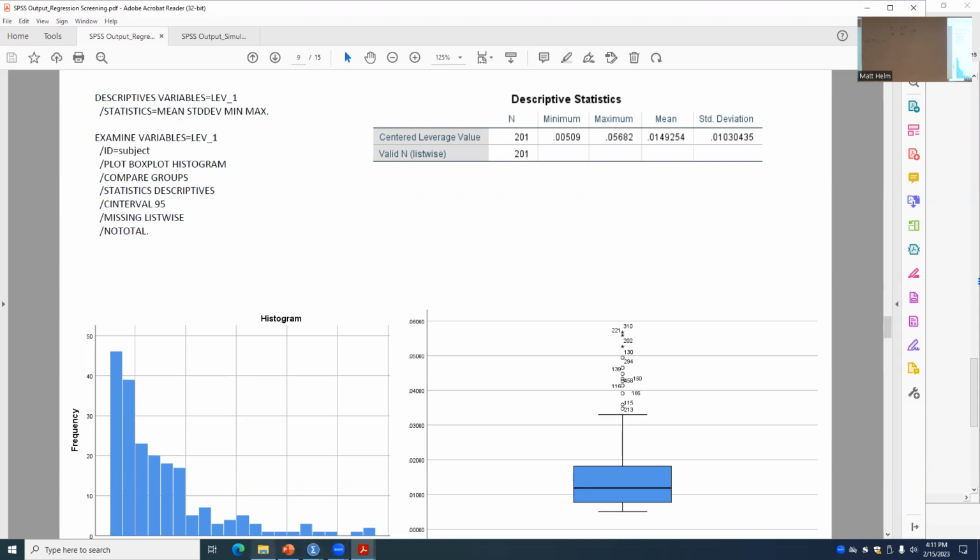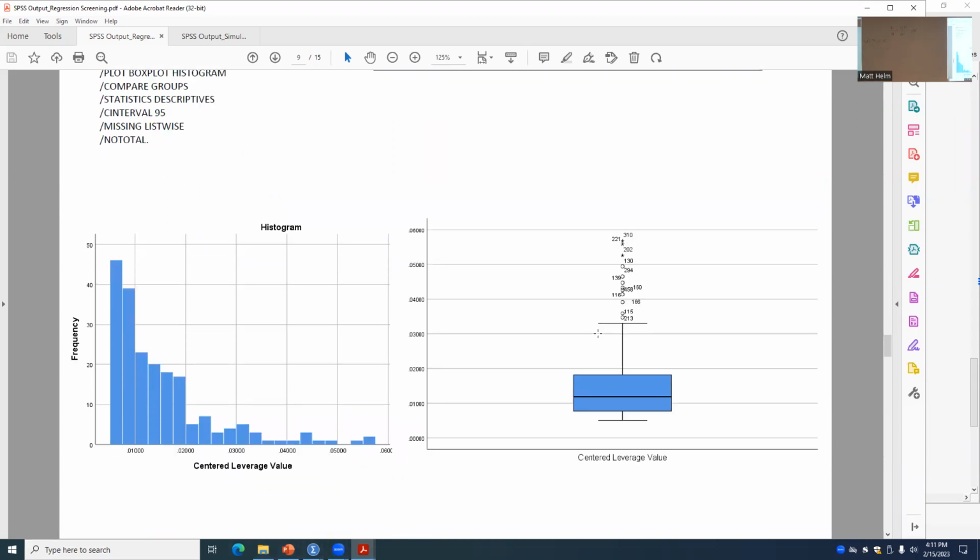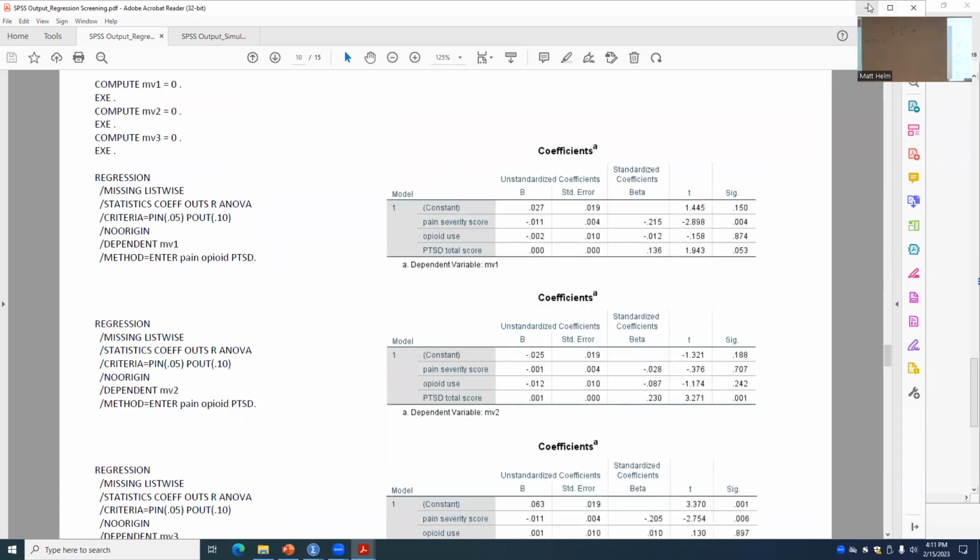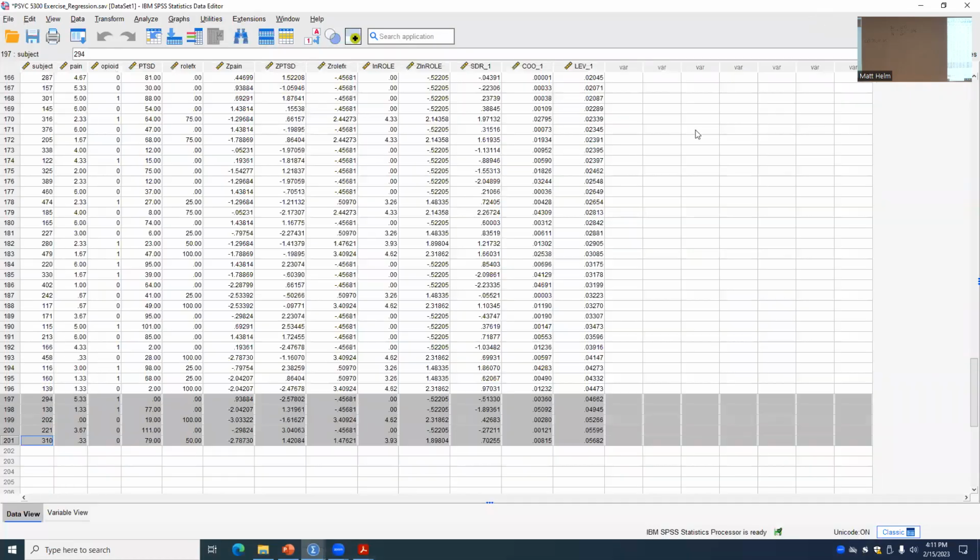So what we can do then is, I told you that we can use SPSS to hijack regression and see what's happening with stuff.